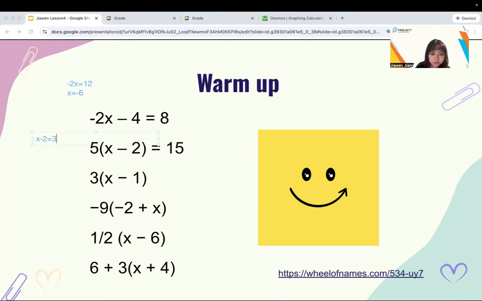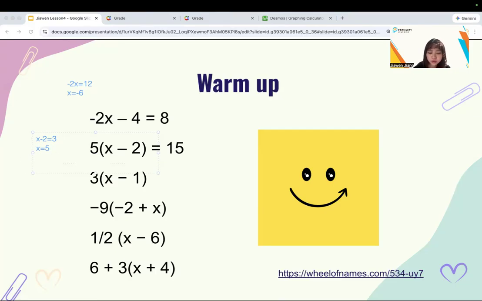Then we got x equals 5 because we added 2 on the right side. Because we divided by a positive number, we don't need to change the signs. Let's look at the third question.